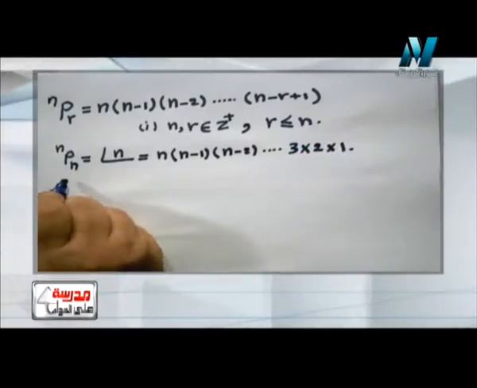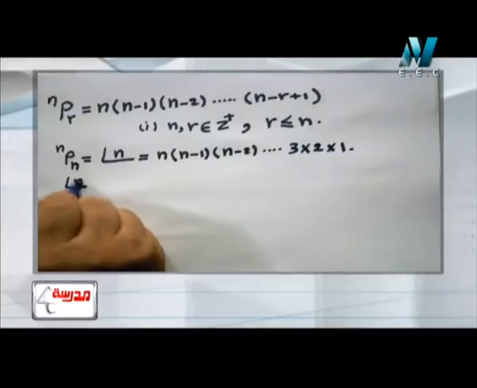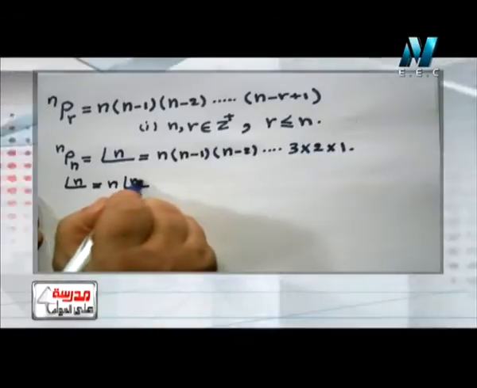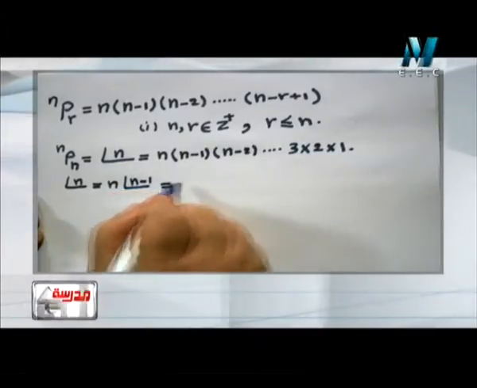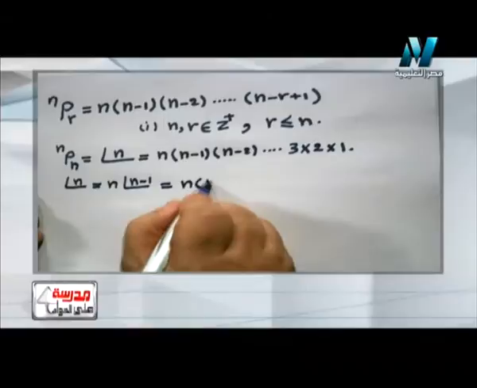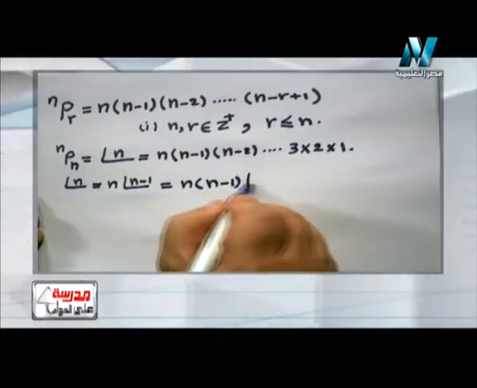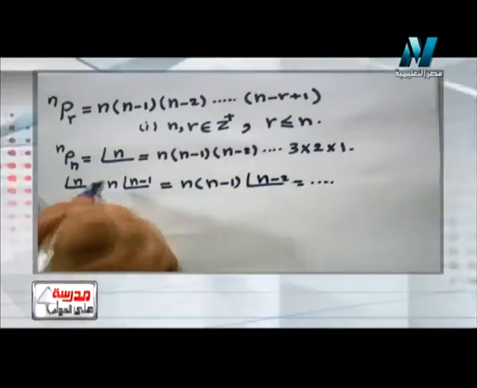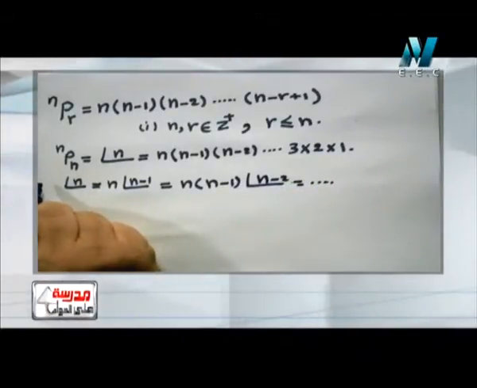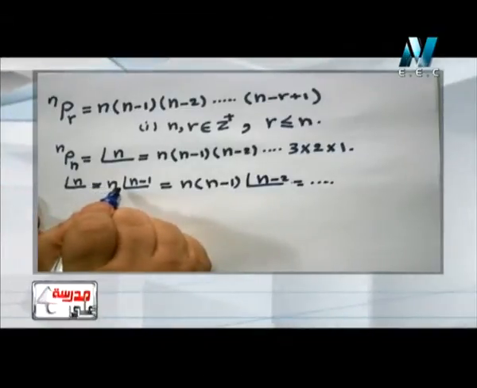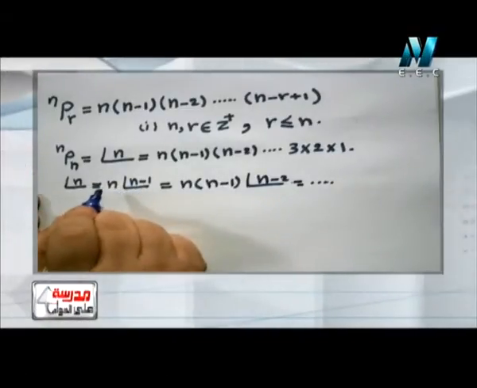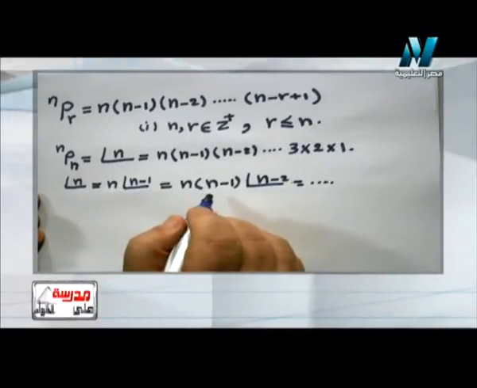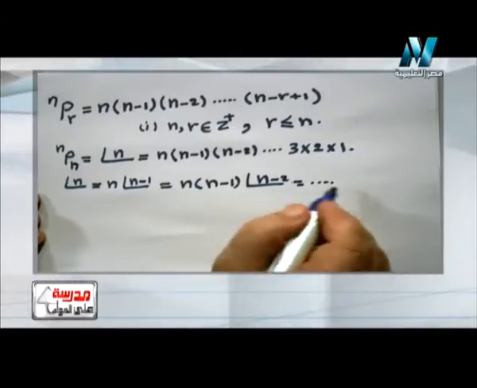From this we have factorial n equals n factorial n minus 1, also equal n by n minus 1 factorial n minus 2, and so on. If we take n outside, it is n factorial n minus 1, or n multiply n minus 1 factorial n minus 2, and so on.